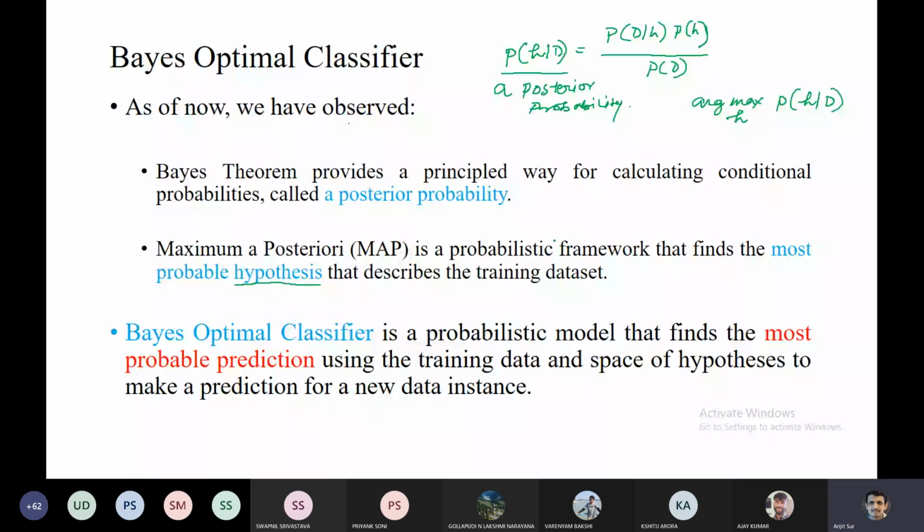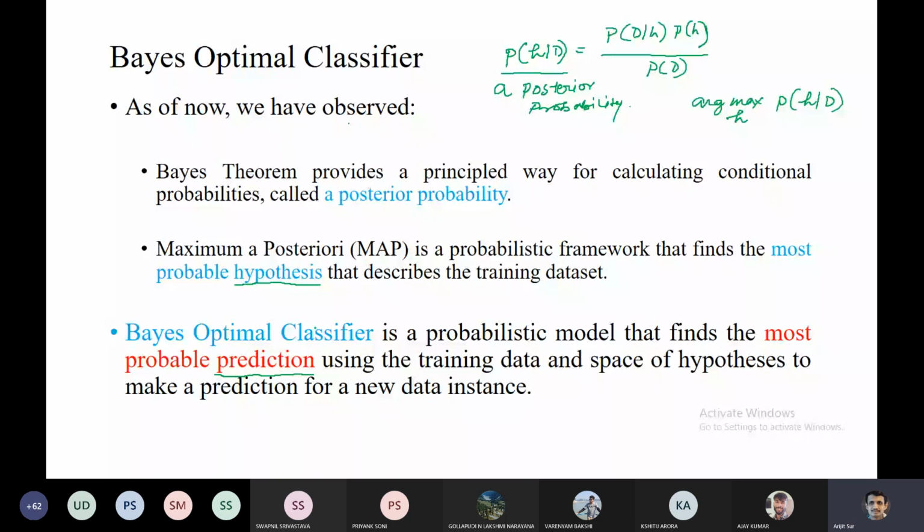Now we are saying a bit different thing. So what is the Bayes optimal classifier? Look, it is not a hypothesis or hypothesis function. It is a kind of optimal classifier. The Bayes optimal classifier is a probabilistic model that finds the most probable prediction, not hypothesis. Please understand, this is very important.